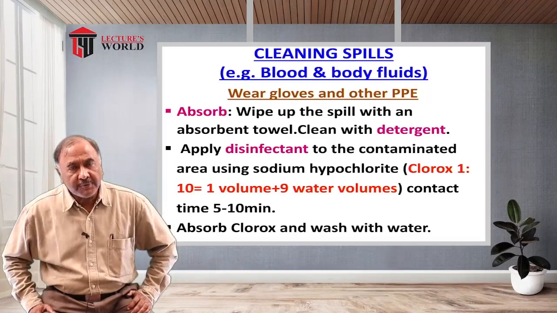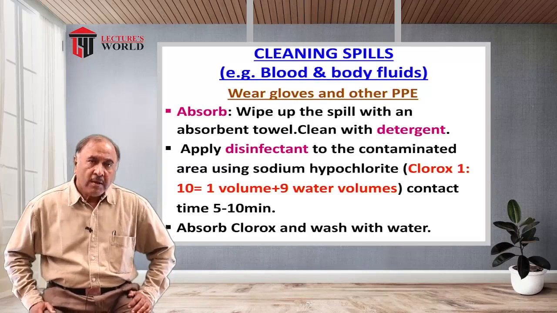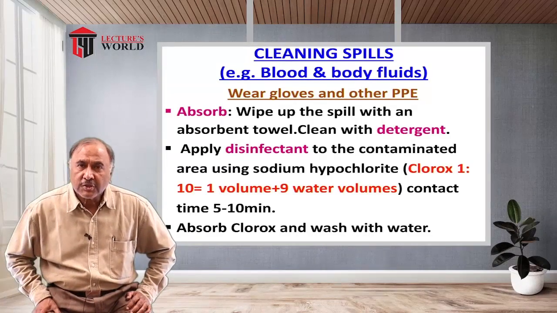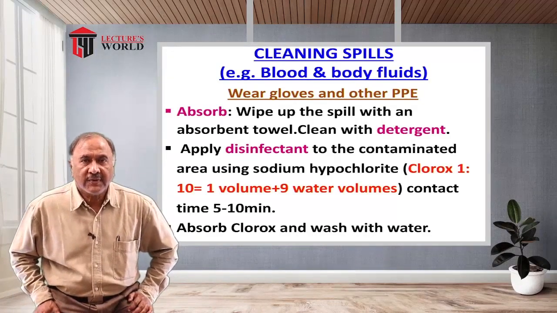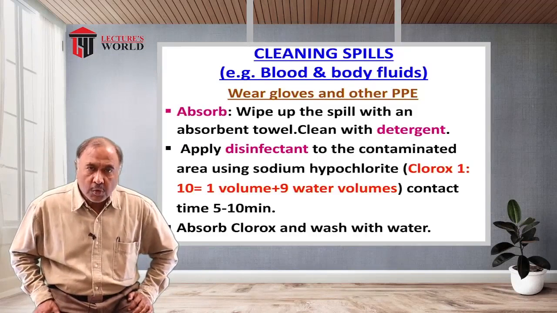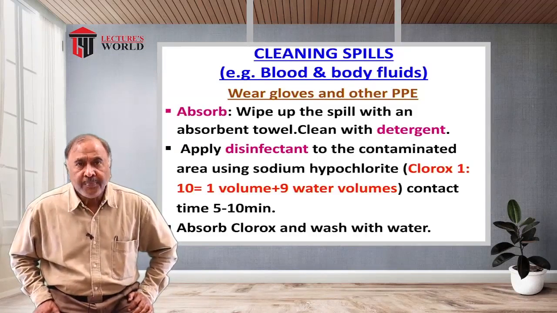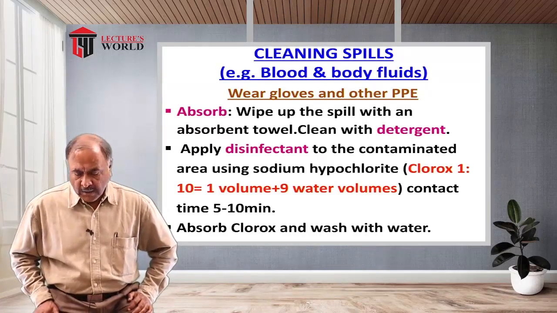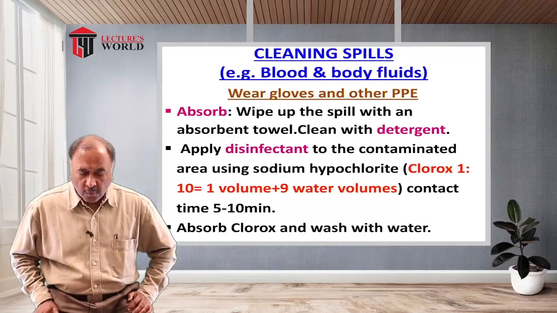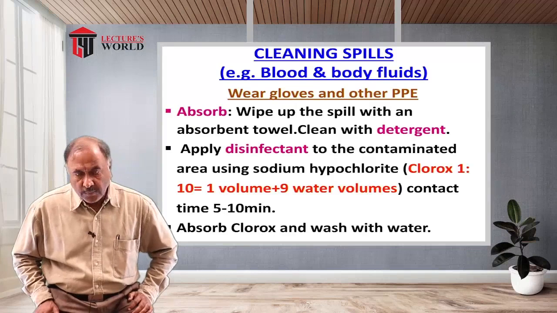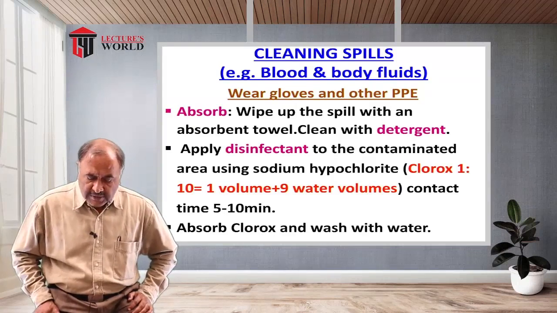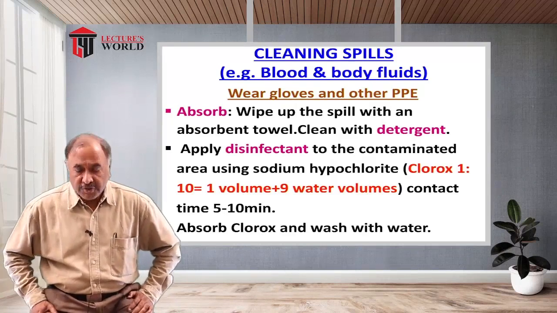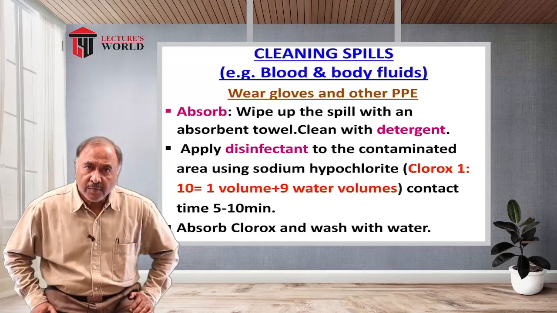After absorbing and cleaning with detergent, one should apply a disinfectant to the site where the spillage has occurred, that is, to the possibly contaminated area, by using sodium hypochlorite solution, that is Clorox, 1:10 dilution. 1 volume of the solution plus 9 volumes of water, and the contact time should be 5 to 10 minutes minimum.